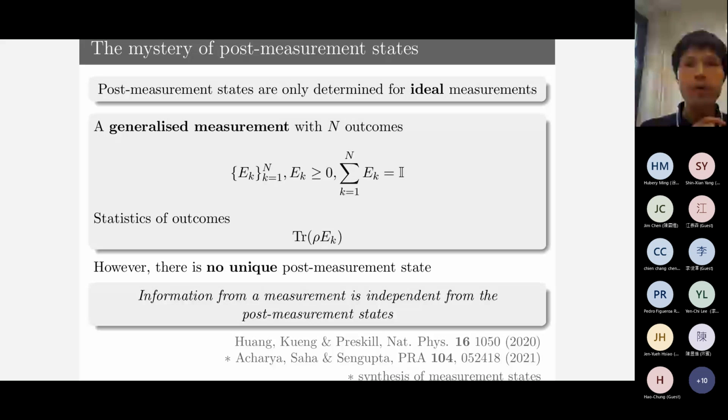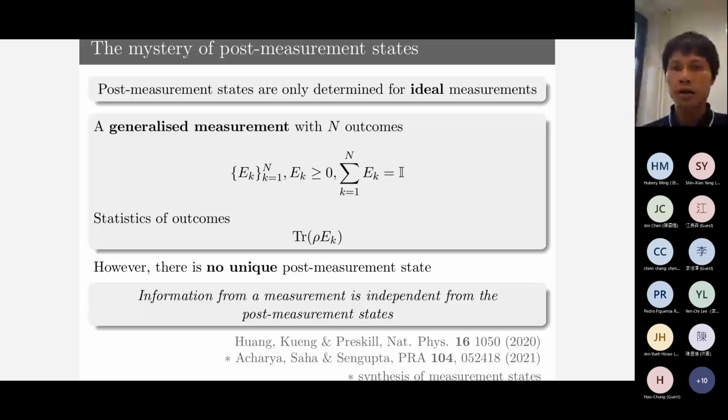However, back to the interpretation, here we really need the post-measurement state of the system. However, if we are somewhat familiar with quantum information theory, we know that post-measurement states are only determined for ideal measurements.